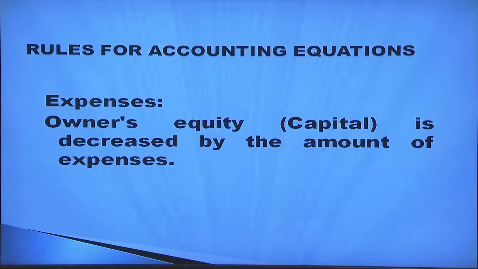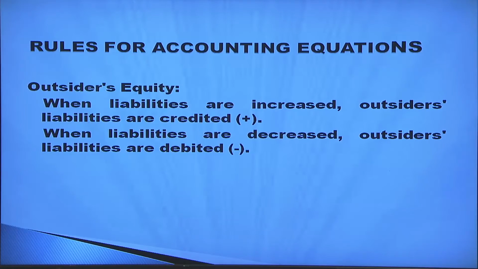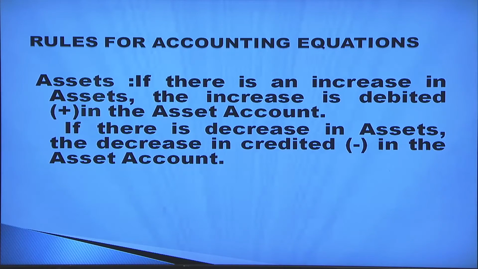Owner's equity is decreased by the amount of expenses. When liabilities are increased, outsiders' liabilities are added. When liabilities are decreased, outsiders' liabilities are deducted. Assets. If there is an increase in asset, the increase is added in the asset column or asset account. If there is decrease in asset, it is deducted in the asset column or asset account.